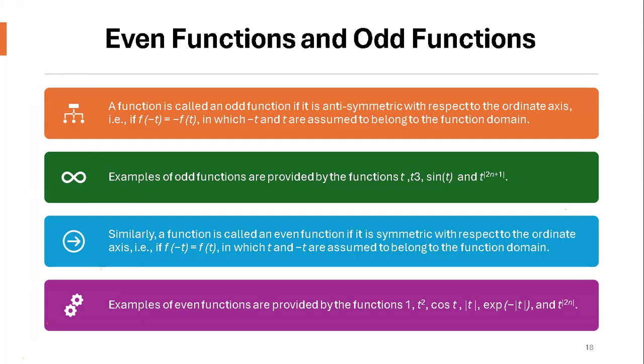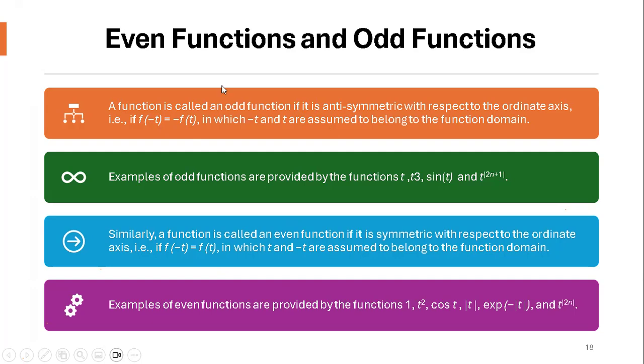Examples of odd functions are t, sin t, and similar functions. A function is called an even function if it is symmetric. So this one is the odd function, the next one is the even function.